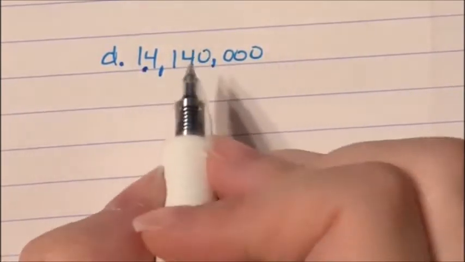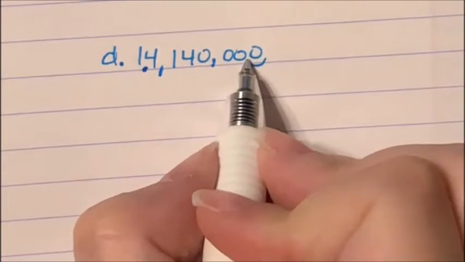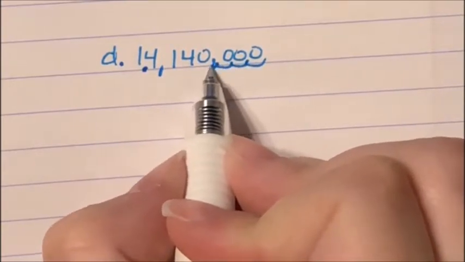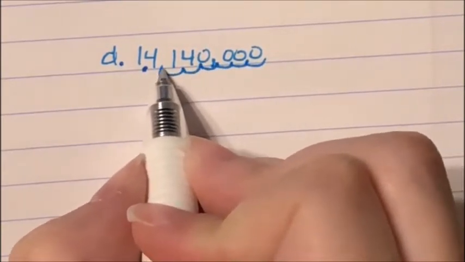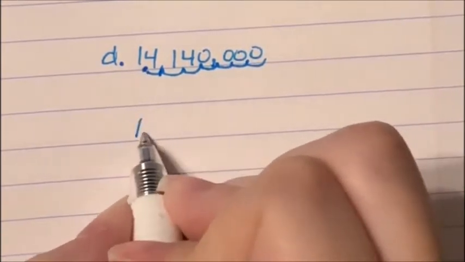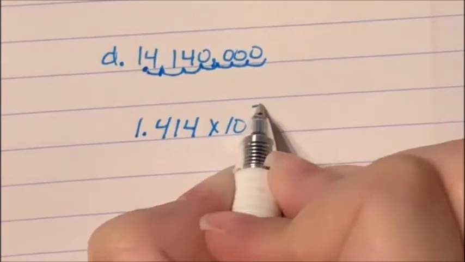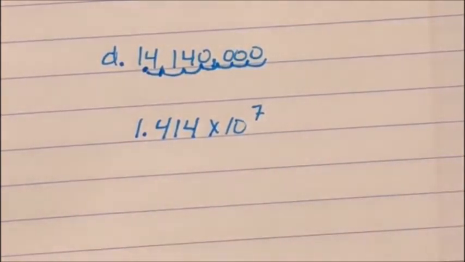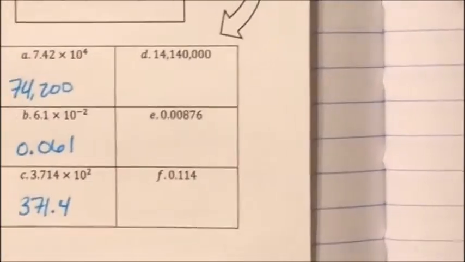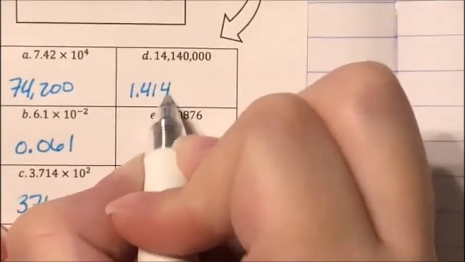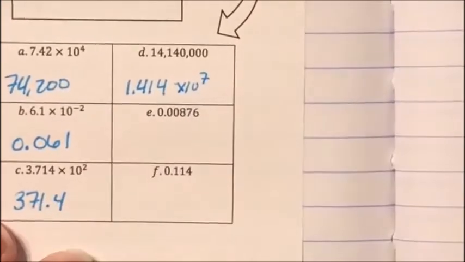So I wanted to count to see how many I got there. So I have 1, 2, 3, 4, 5, 6, 7. So I have 1.414 times 10 to the 7th power.